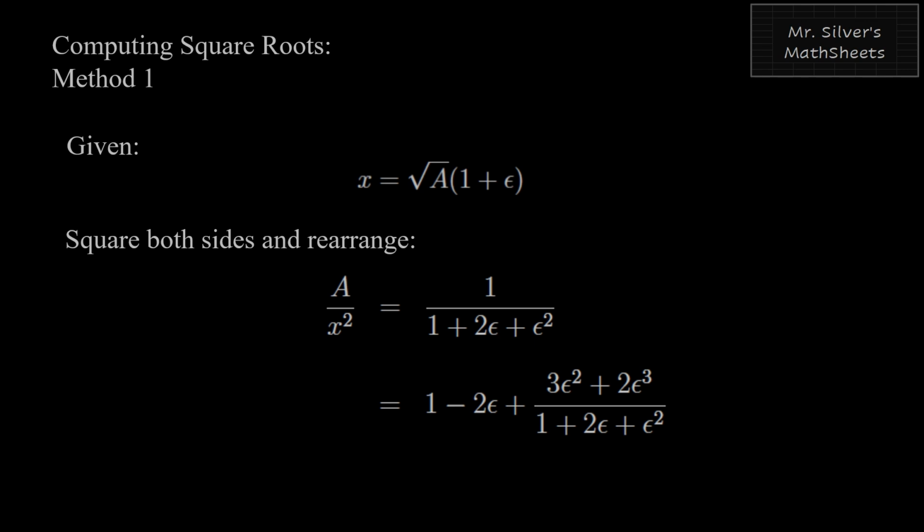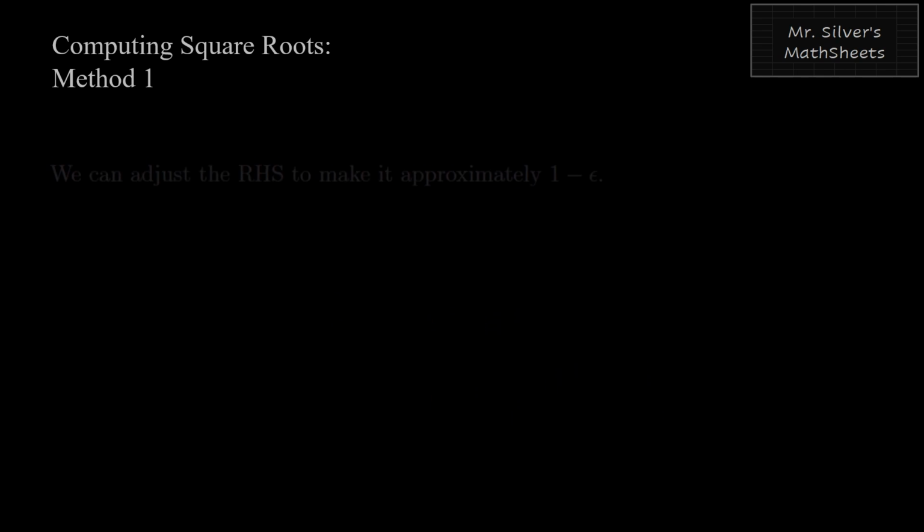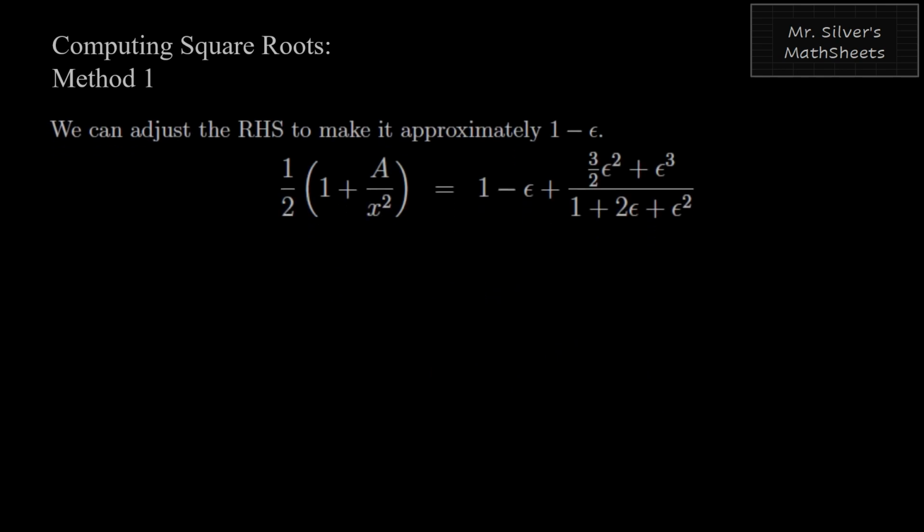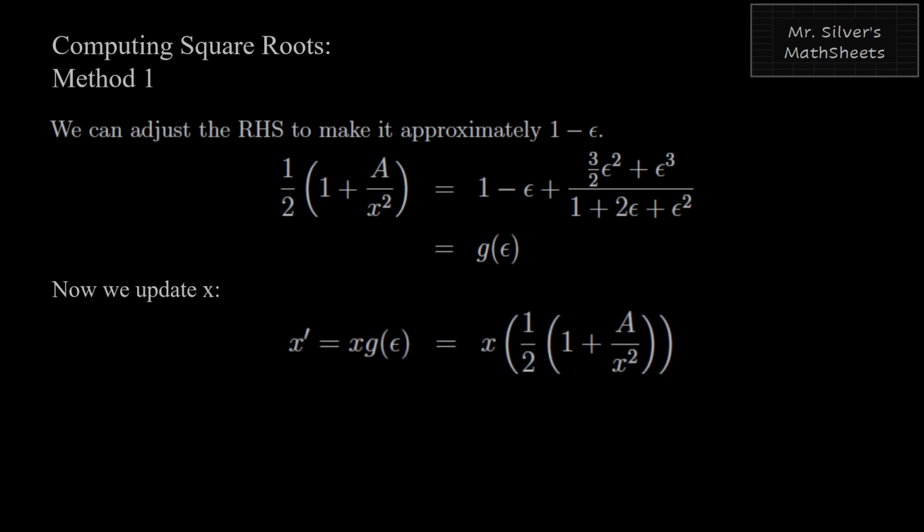We can add 1 and then divide by 2, and we can make the right hand side look like 1 minus epsilon plus some other small terms. And we can call that right-hand side g of epsilon. That's our adjustment. That's what we will use to update x. And that creates an algorithm.